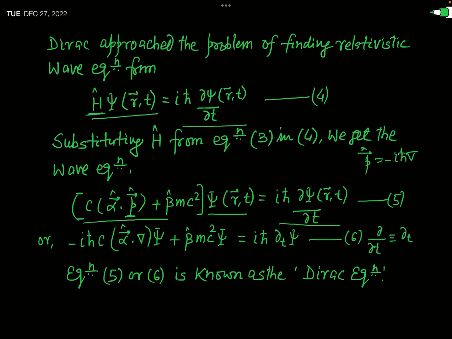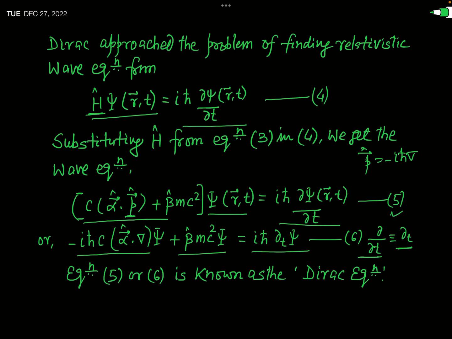The first term will be minus i h bar c alpha dot del operated on psi, plus beta m c square psi, equal to i h bar del t psi. Here the operator del by del t is also written as del t, just a technique of writing this operator in brief.